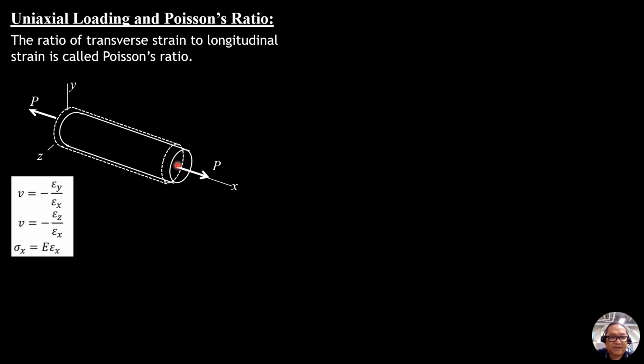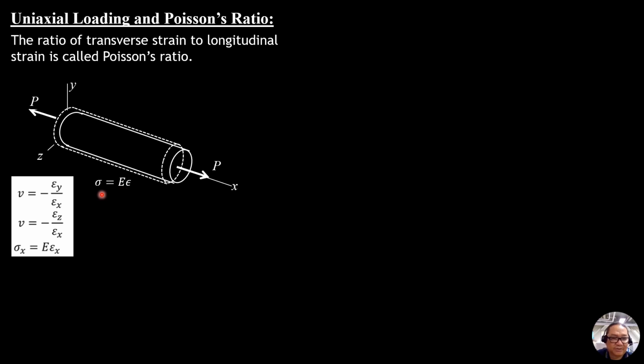And along x, because this is purely normal and axial, stress is proportional to strain, so normal stress along x is equal to modulus of elasticity times strain along x. So these would be the relations or definitions of Poisson's ratio and normal stress along x that could be developed. So stress is equal, within the proportional limit, to Young's modulus of elasticity times strain.